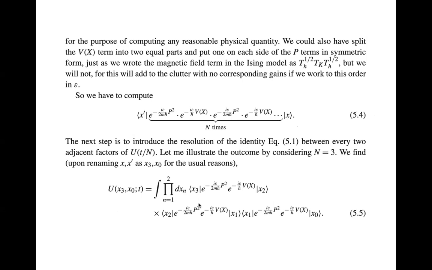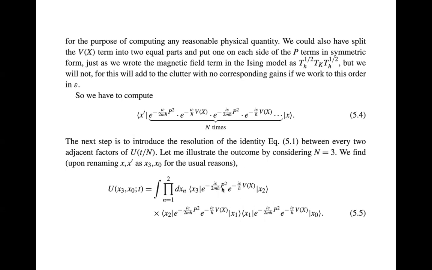So what we have is three of these exponential minus epsilon p squared times exponential i epsilon times v, all three of them together. What we are doing is to insert the resolution of identity, and we insert two of them, the integration of dx1, and the resolution of identity dx2.